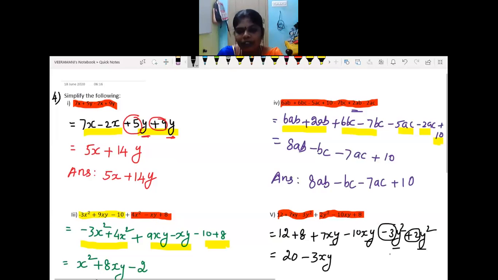Different sign, what we want to do? We have to subtract. So minus 3 plus 2, you get minus 1. So minus y square. So what is the answer, children? 20 minus 3xy minus y square. Do you understand, children?